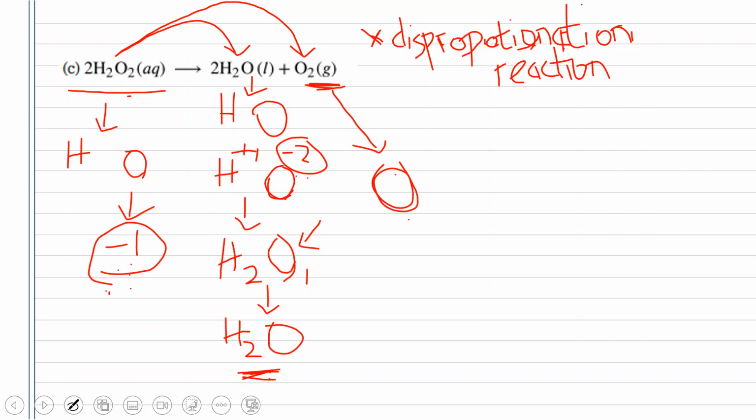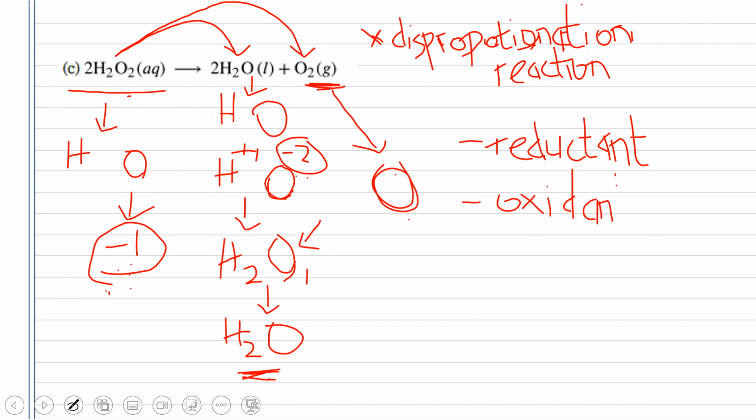Okay, so the same substance, oxygen, is functioning as the reductant. At the same time, it's functioning as the oxidant. So we call this a disproportionation reaction. The same oxygen undergoes oxidation where it loses electrons.